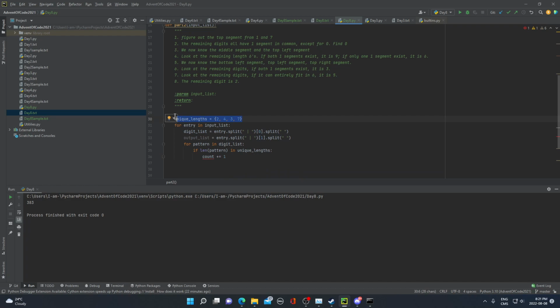We don't need this unique length set anymore. Let's just do pattern to digit map.